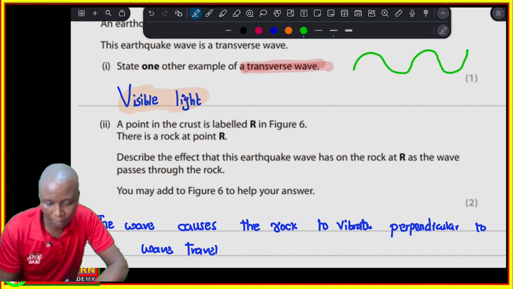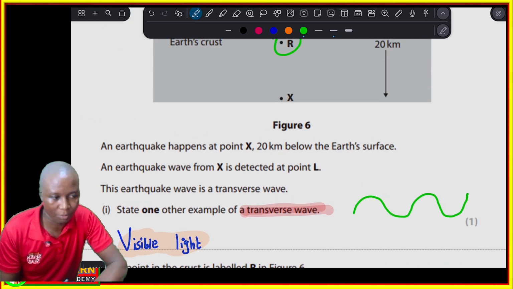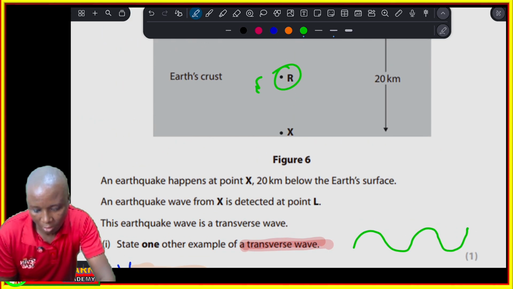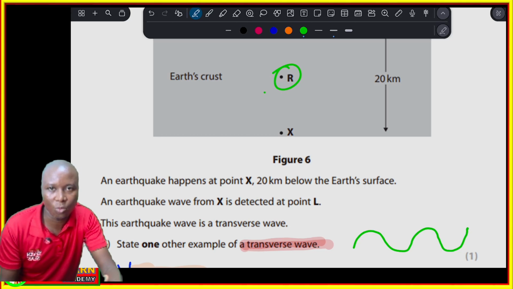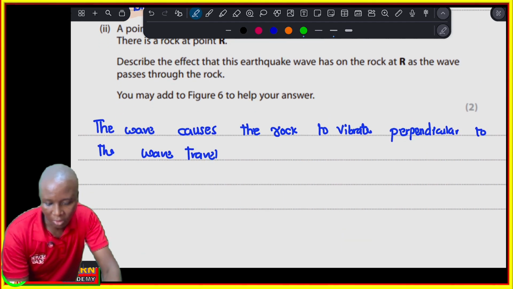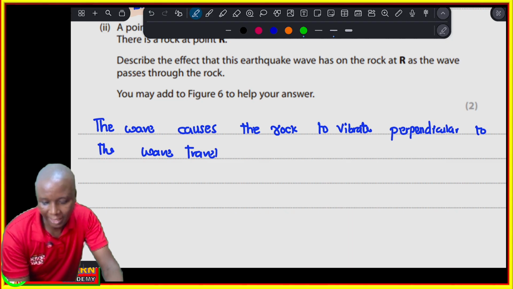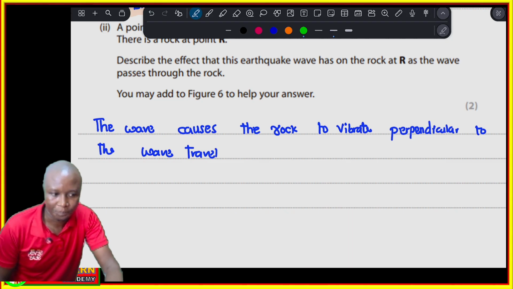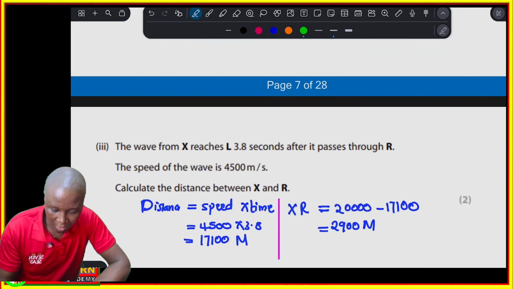Describe the effect on a rock at point R. There is a particle at point R, so if there is a rock there, it is going to experience the wave that passes through point R. That rock is going to vibrate perpendicular to the wave direction, because we understand that these waves are transverse. So the particles vibrate perpendicular to the direction of the wave. You should have indicated that.